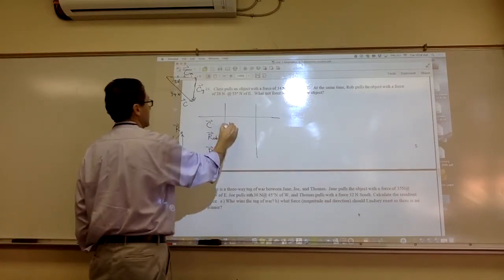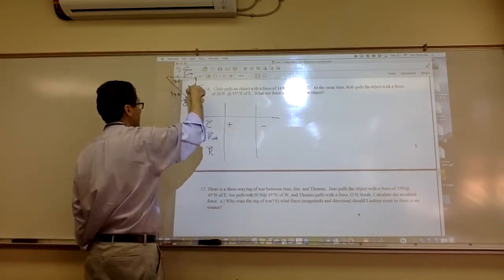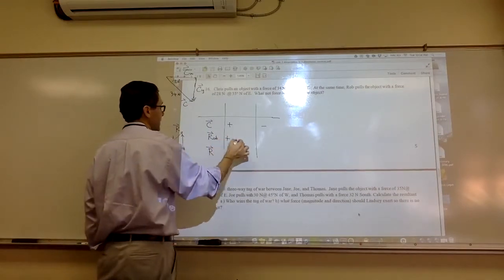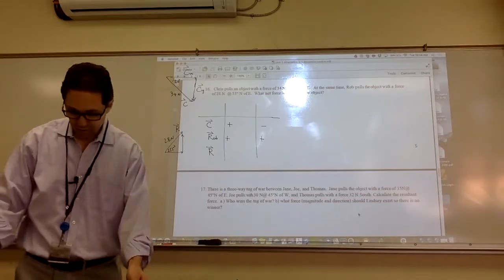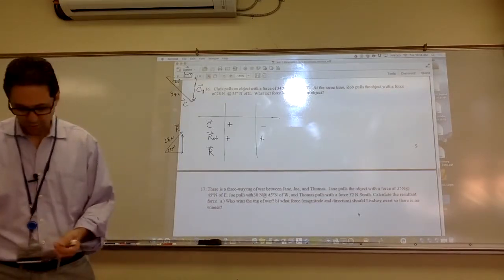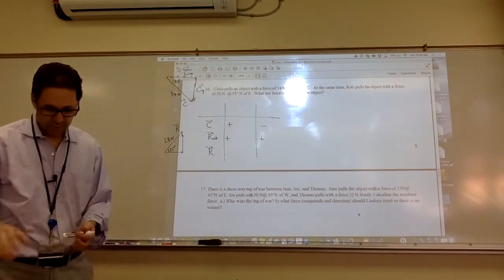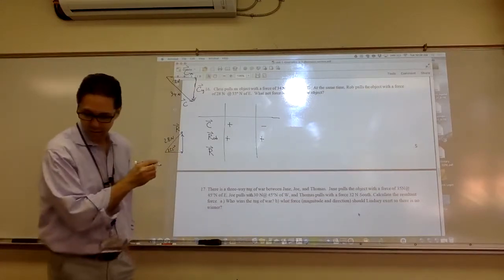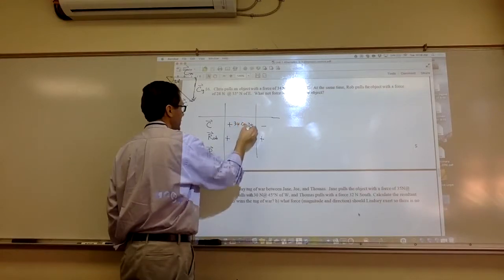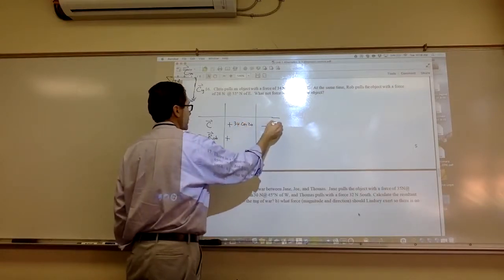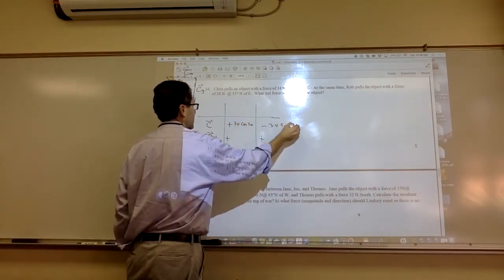For Chris, it's going to be positive and negative, because it's right and down. For Rob, they're both going to be positive. Now if you do a little bit of trig here, these are the numbers you're going to get. For Chris, it's 34 cosine of 20 and 34 sine of 20.